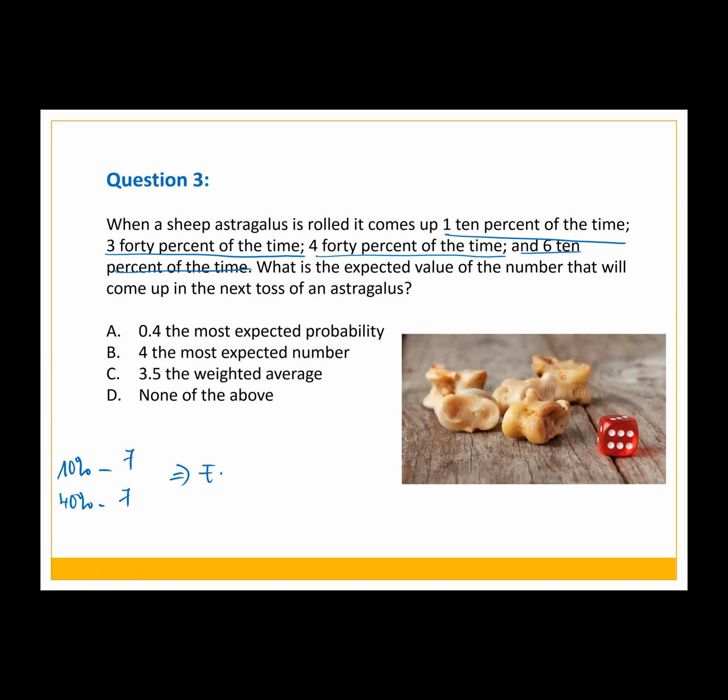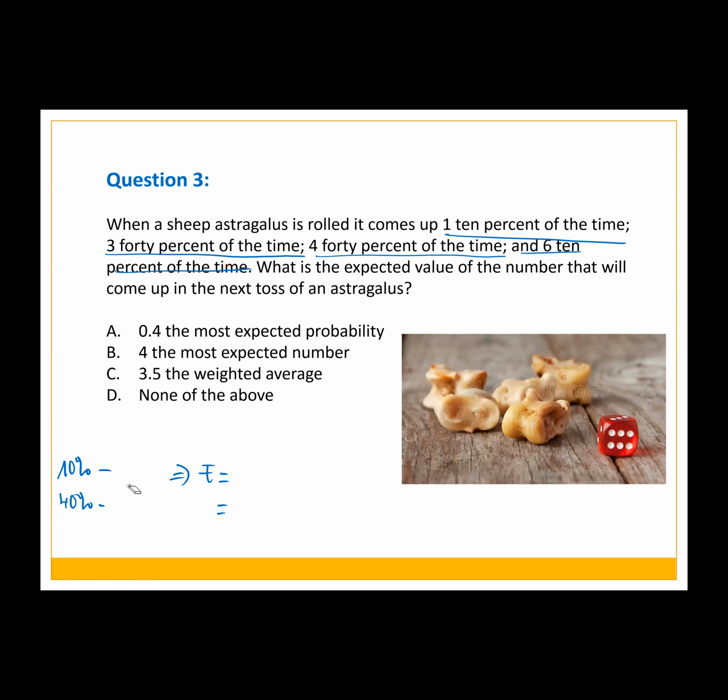Therefore, you have your expected value as 10% multiplied by 7 plus 40% of 7 multiplied by 7. So it's going to give us 3.5. And so that is the weighted average.